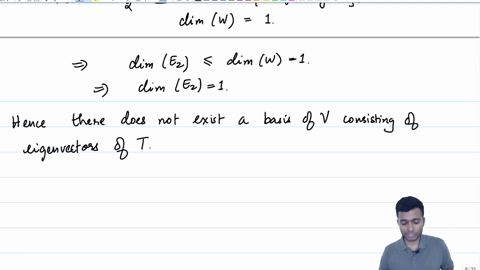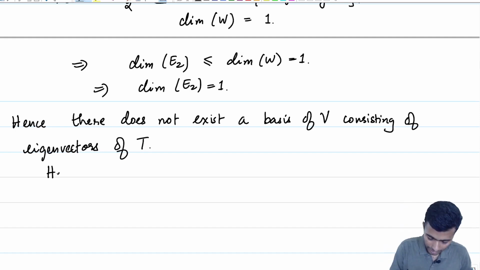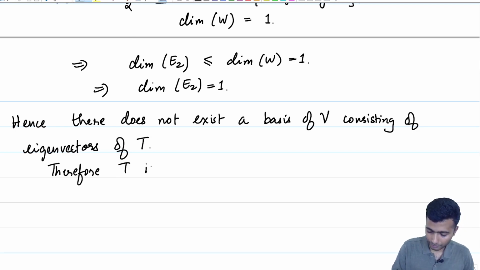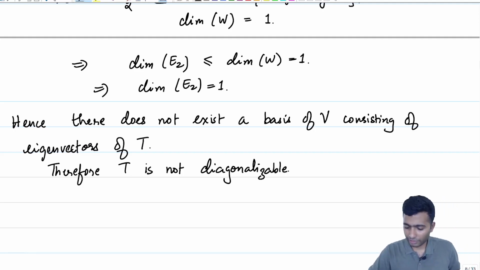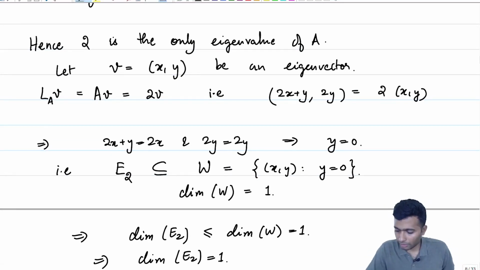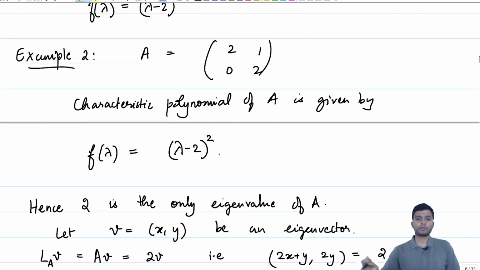Therefore T is not diagonalizable. So that is quite anticlimactic if you think about it, because we were in a very nice situation where the characteristic polynomial is splitting into linear factors and still our matrix is not diagonalizable. That is quite unfortunate.